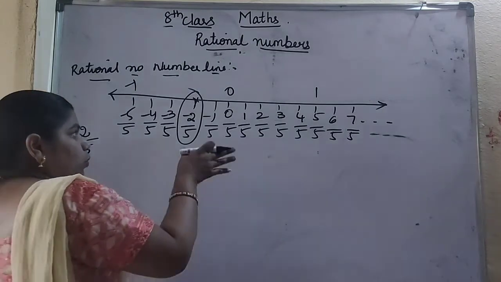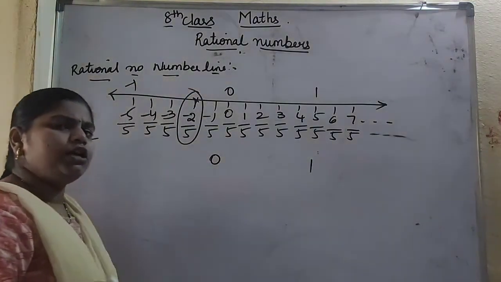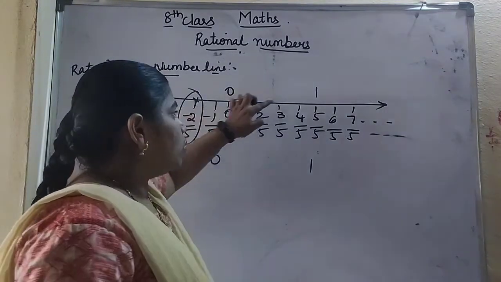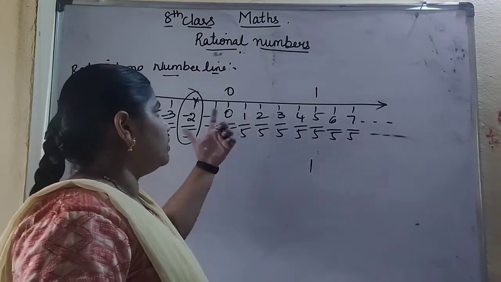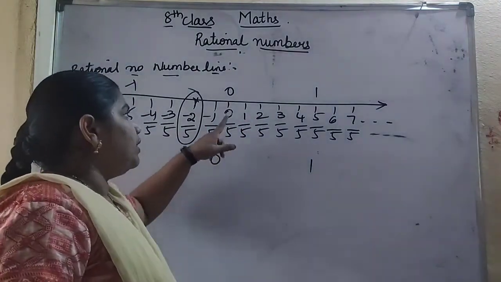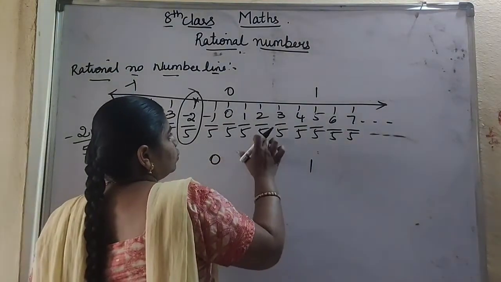So if you observe here, between 0 and 1, or between any two rational numbers, I am just comparing between 0 and 1, but you can take any different numbers. So between 0 and 1, how many different rational numbers are there? 1, 2, 3, 4.